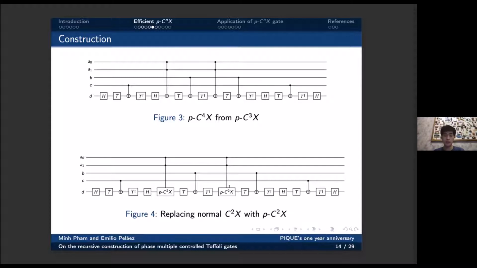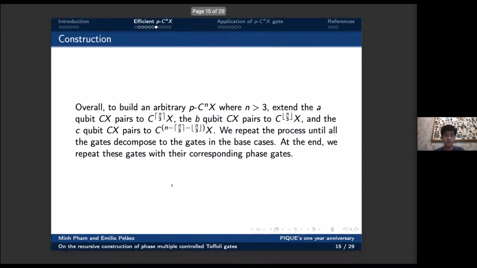And this will give you a PC4X, which is a multiple control Toffoli with 4 control bits and a phase that differs depending on what your input is. So to build arbitrary relative phase CNX where n is bigger than 3, right?